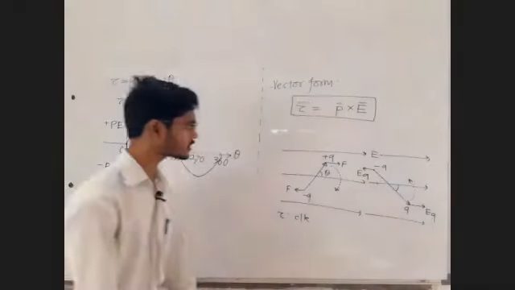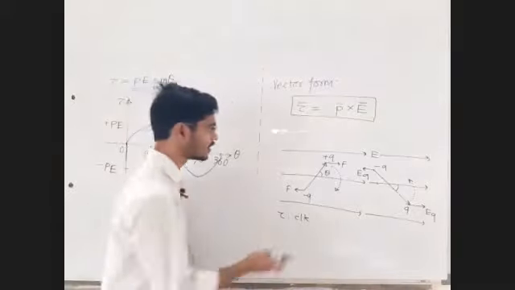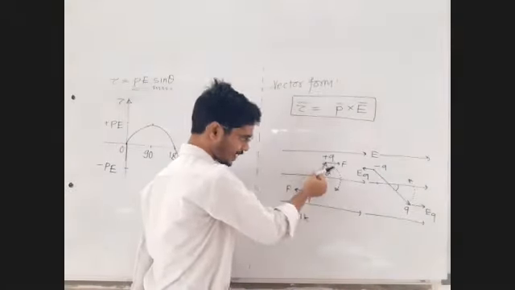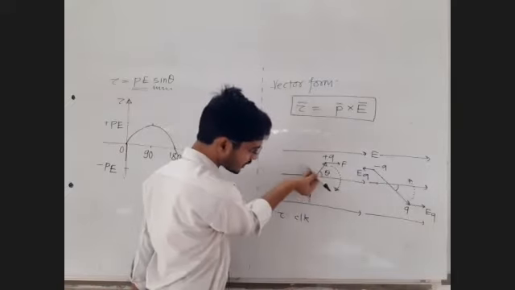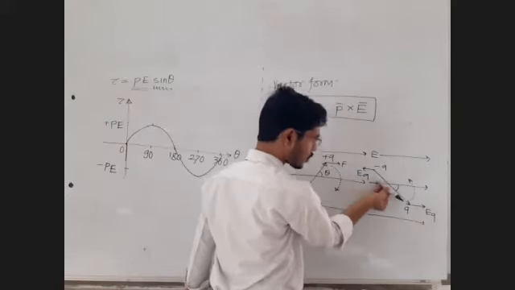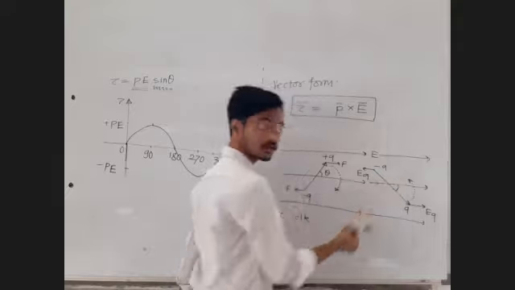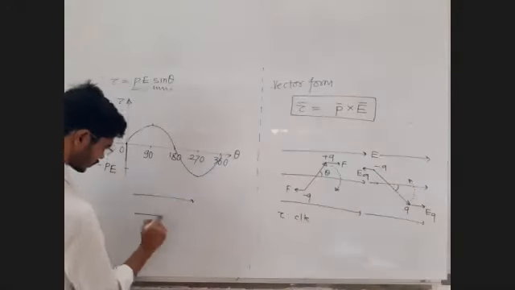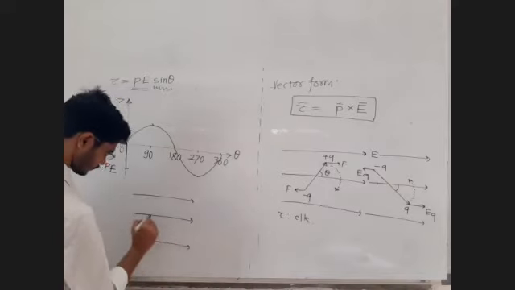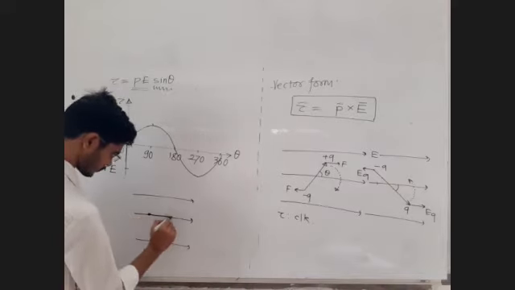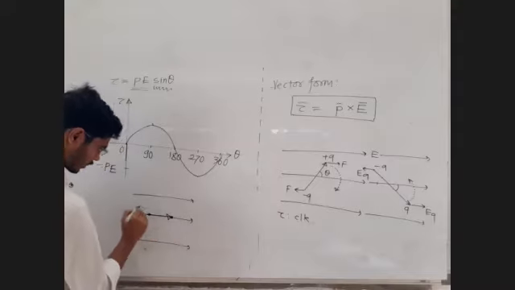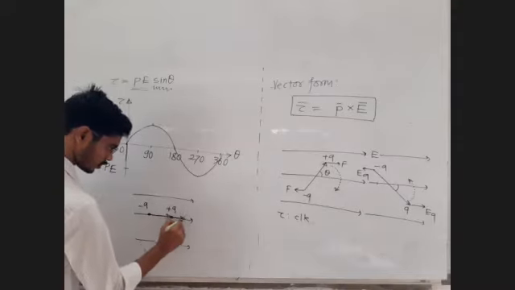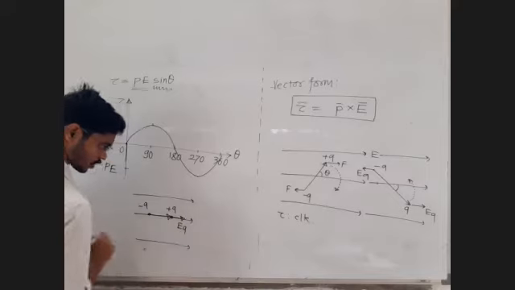Okay, what does that mean? If you have this orientation, it will try to rotate you like this. Now verify what will be the value of torque for this position. Minus Q, plus Q. On the plus Q, force will be in the direction of electric field.